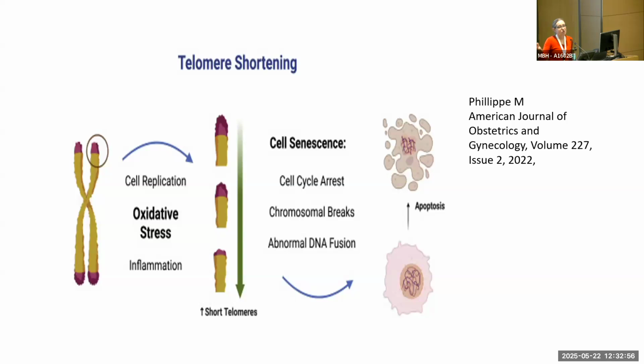So shorter telomeres are associated with chronic disease in general because of the exposure to inflammation.